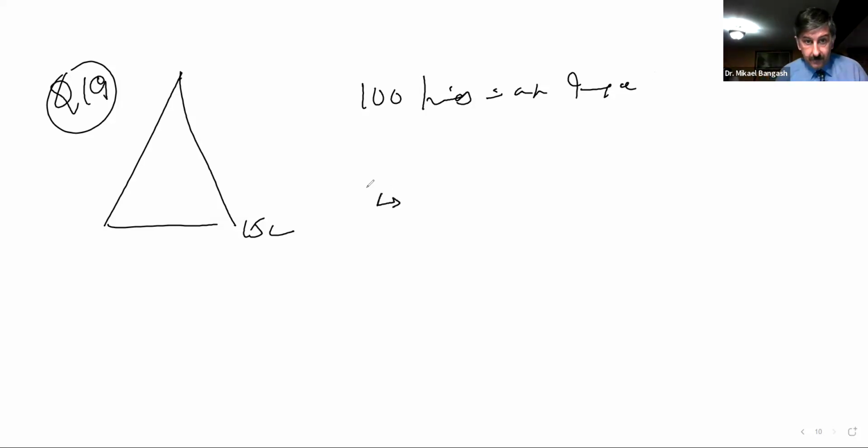So would that be true or false to say that we have 1500 pulses per scan?